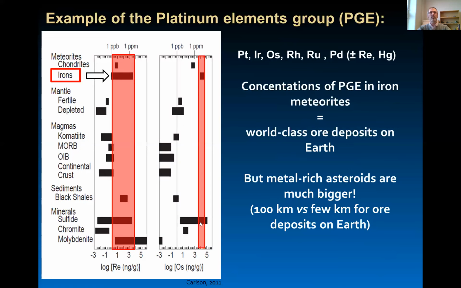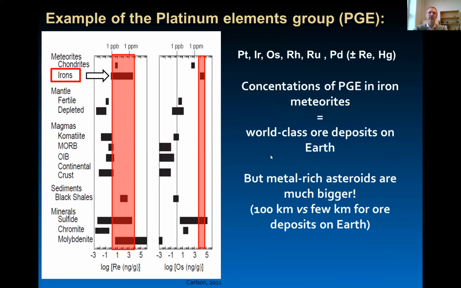The osmium content in iron meteorites is equivalent to what we expect in sulfides. So basically, the content of platinum group elements in iron meteorites is the equivalent of world-class ore deposits on Earth.